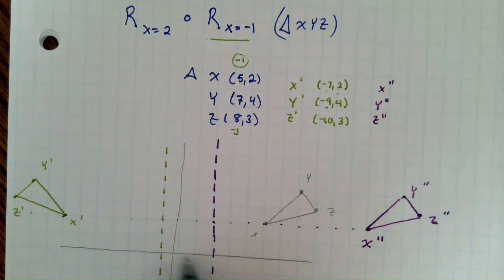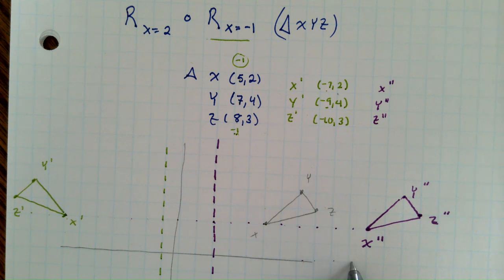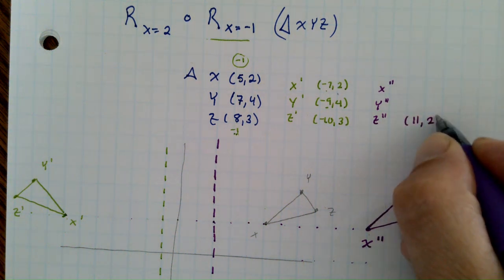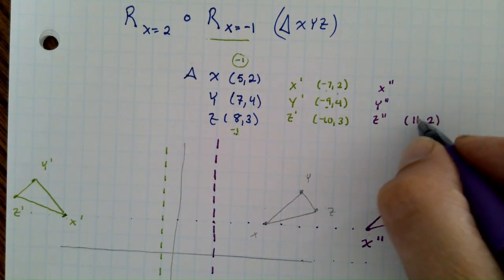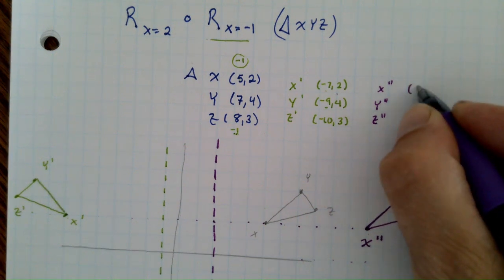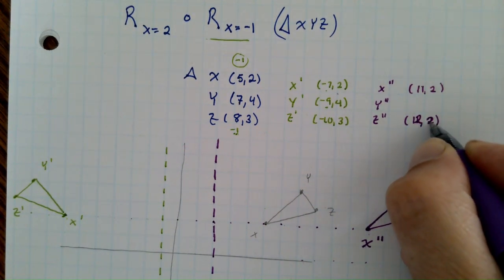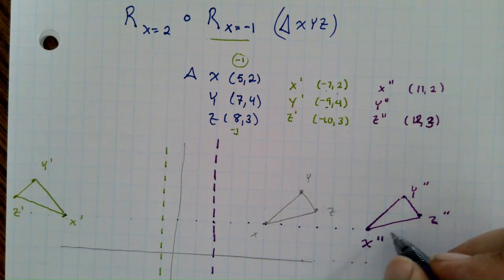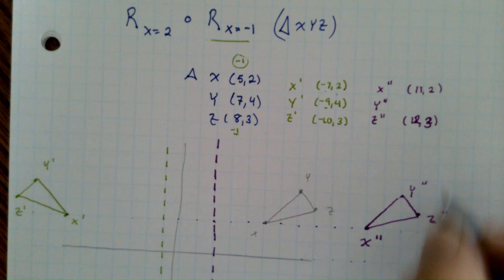So let's go ahead and get these points on. So this is 1, 2, 3, 4, 5, 6, 7, 8, 9, 10, 11, 2. 12, 3, whoops. 11, 2 was x. 12, 3 was z. 11, hold on. 11, 12, 13, 14.